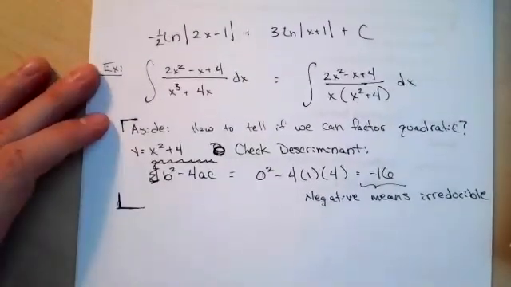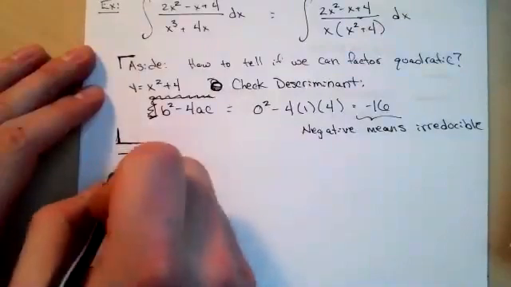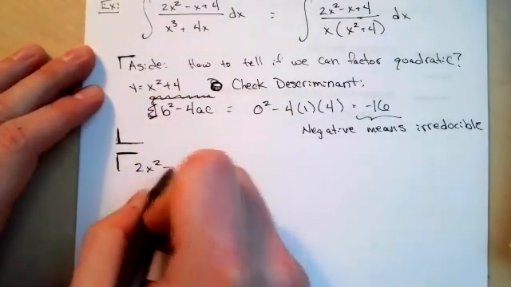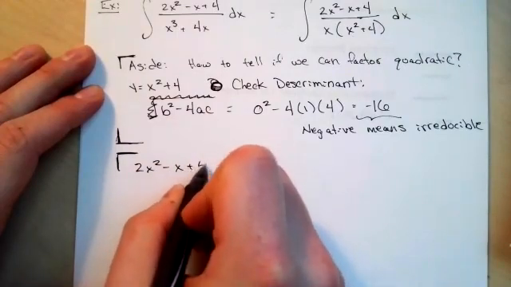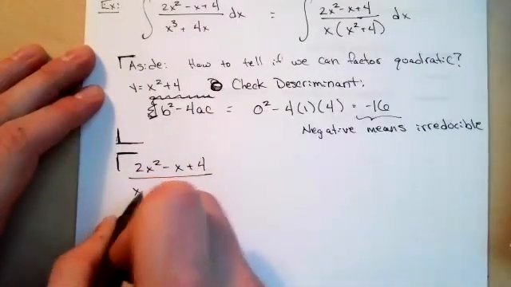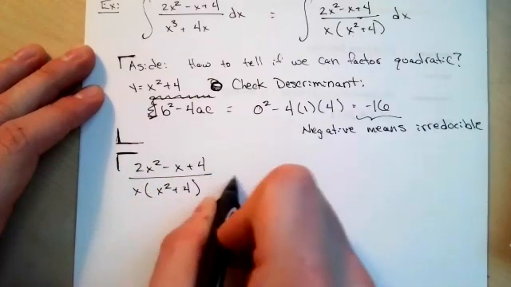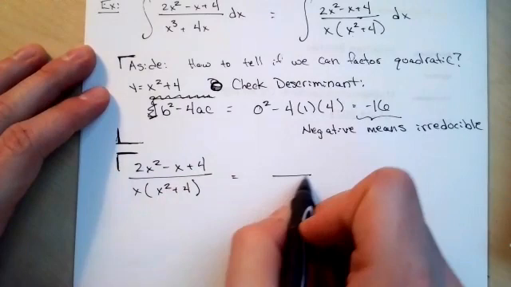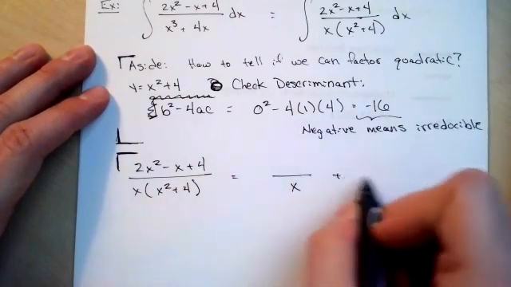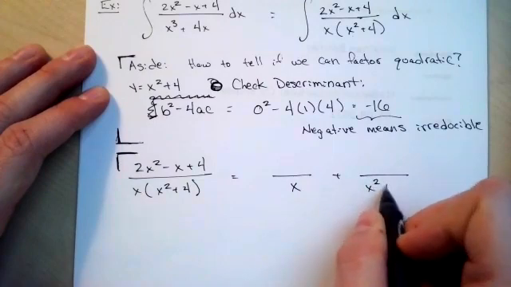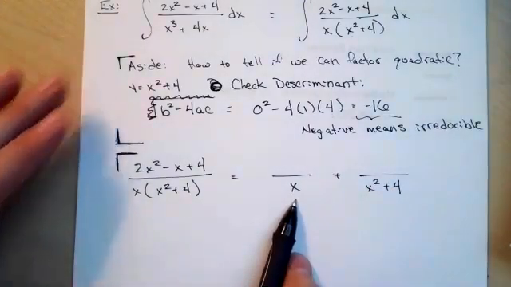And so now what we want to do is write our rational expression in terms of splitting the factors of the denominator. X is easy.